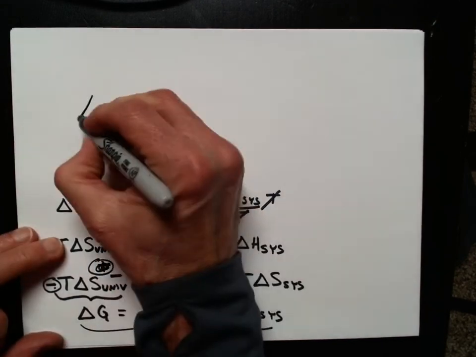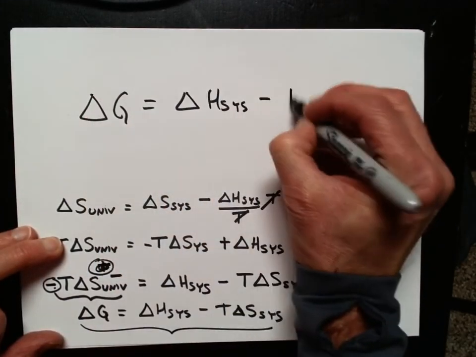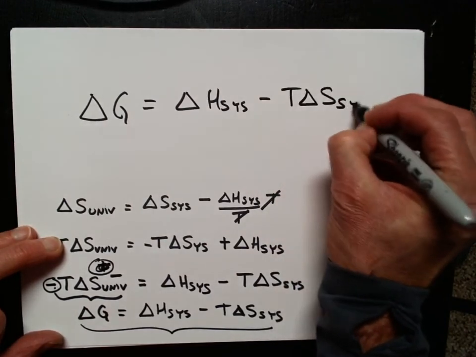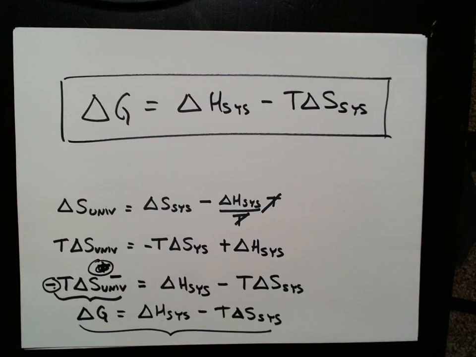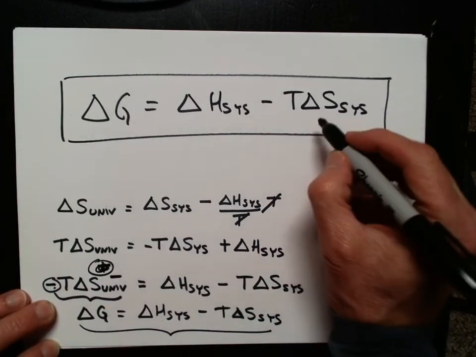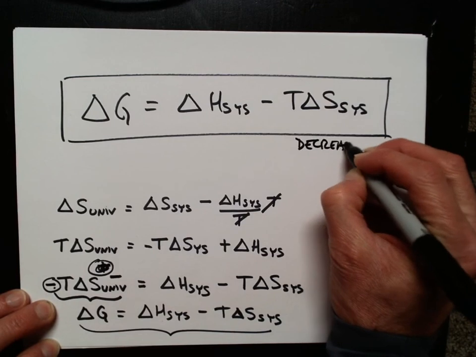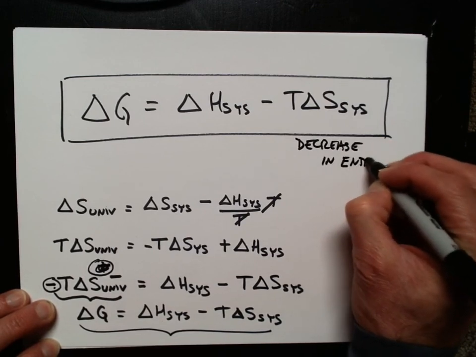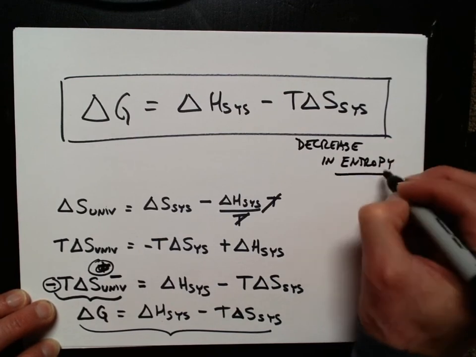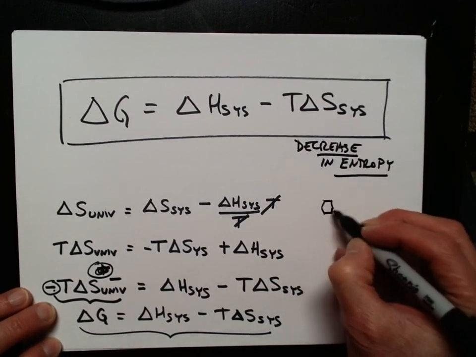So this particular equation, delta G is delta H of the system minus T delta S of the system, actually arises from the second law. And it tells us that certain processes can decrease in entropy, like the formation of a snowflake. That represents the formation of something that is very improbable.